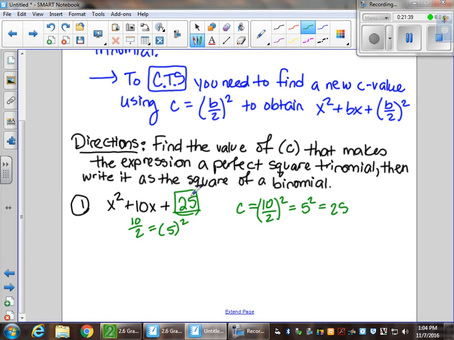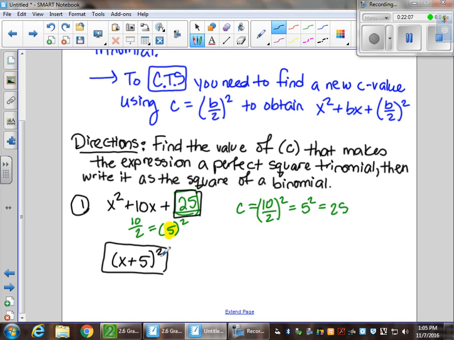Now, to write it as the square of a binomial, we're going to pay attention to what you got in parentheses right here. 10 divided by 2 equals 5. That's the value we're going to use to write it as the square of a binomial. X plus 5 squared. So the C value is 25.